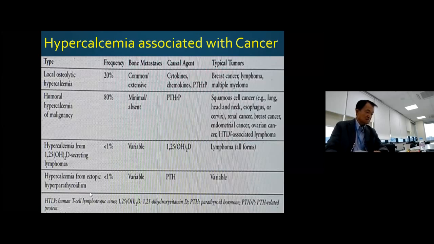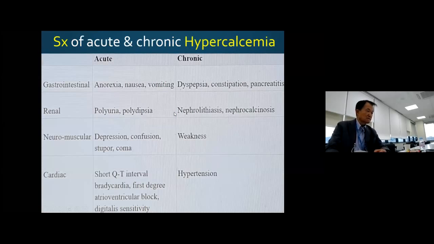Whatever the types, particularly in squamous cell cancer, they often have hypercalcemia. A lot of the exact mechanism still remains unknown.